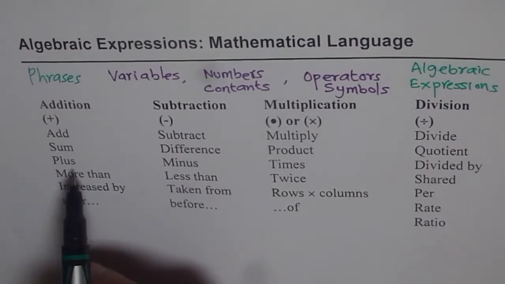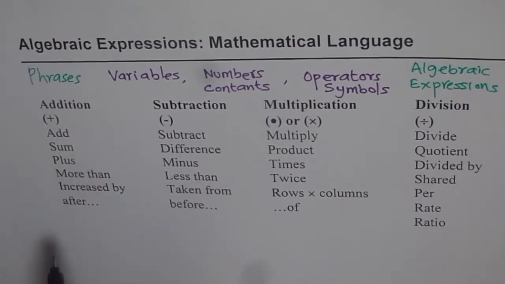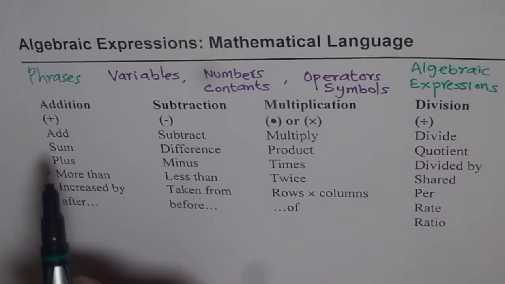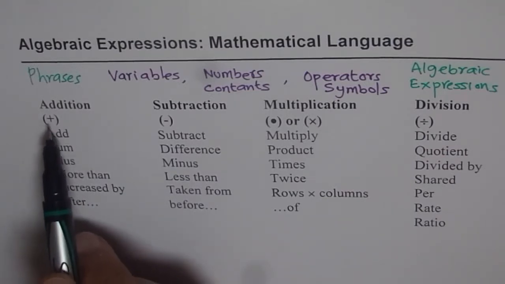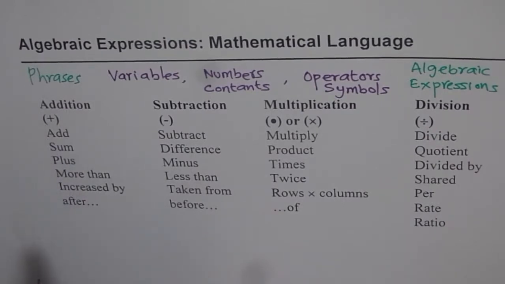My earning is this plus that; plus means additional earning, right? More than: his age is more by so much. Increased by, or after. After 3 years, how old will he be? A plus 3, current age plus 3. That is how you get the addition symbol plus into the picture, correct?